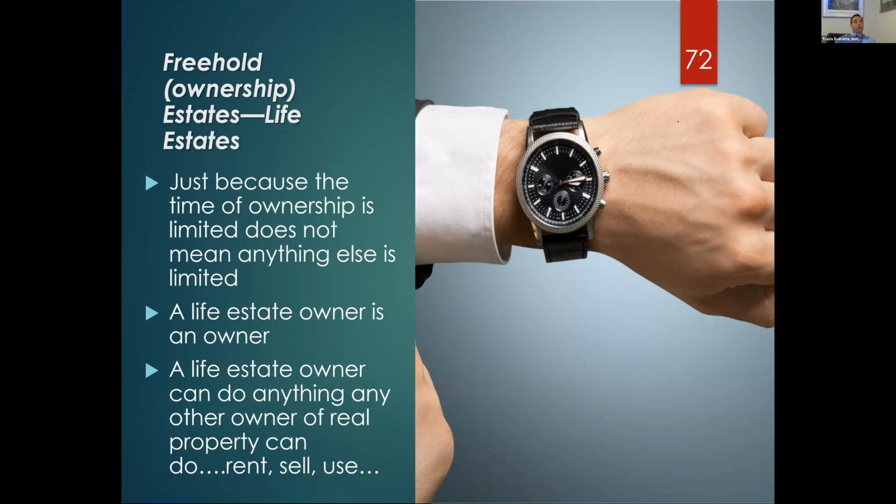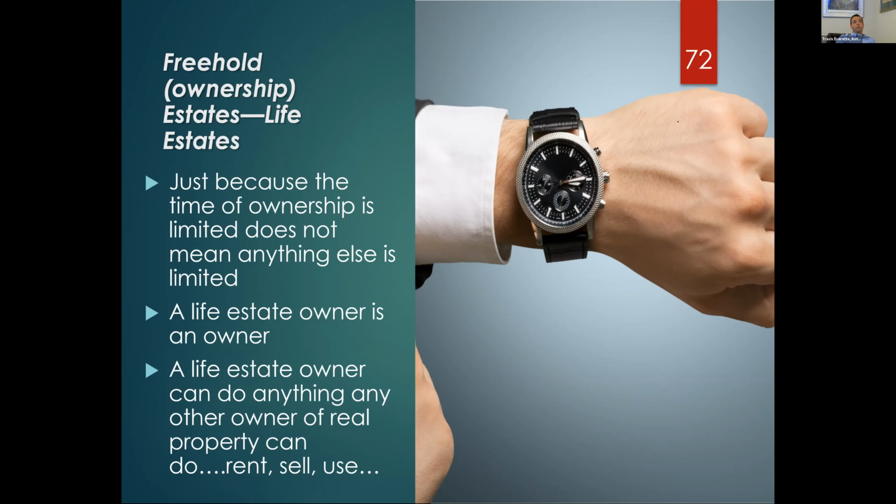They're choosing, okay, I'm going to give Tasha ownership of the property for a limited amount of time, and I'm also going to decide whose life to base that on. Could I give Tasha ownership until Tasha dies? Yes. Absolutely. Could I give Tasha ownership until Taylor dies? Yes, I could. I'm the grantor. I do whatever I want to do. You're stuck with it.